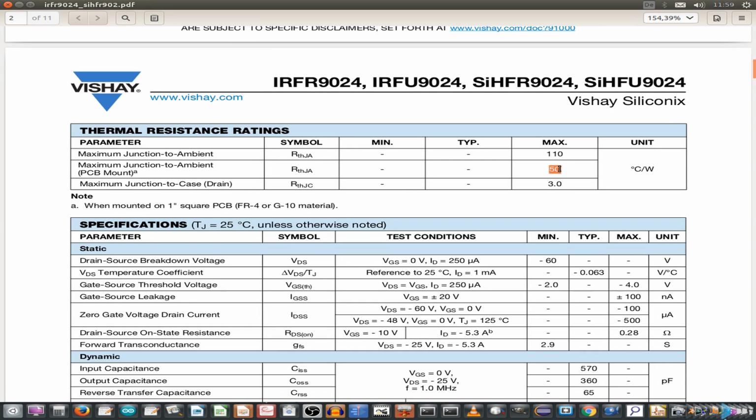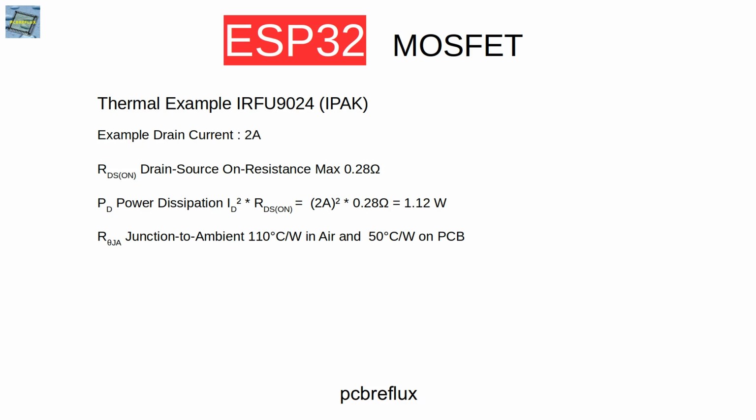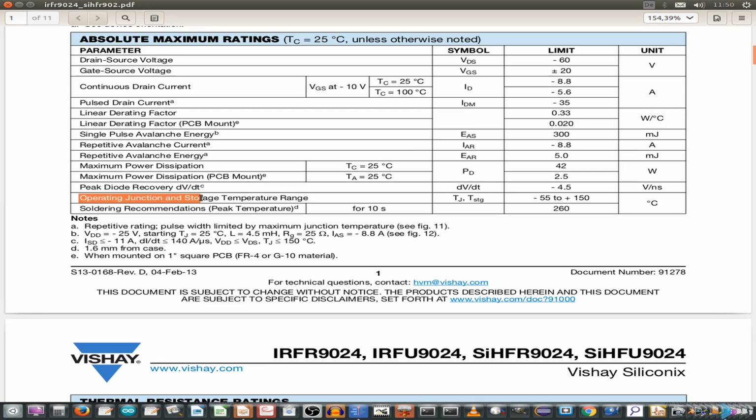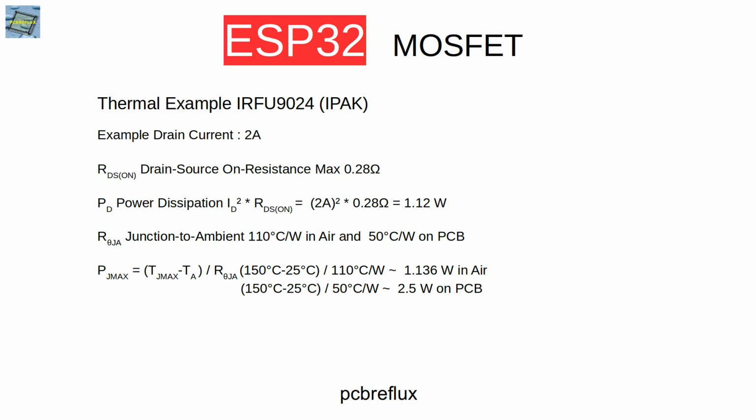So we can calculate the maximum power dissipation in air and on PCB mount, and this is calculated from the maximum junction temperature of about 150 degrees Celsius minus the ambient temperature of about 25 degrees Celsius, divided by R theta, our 110 degrees C per watt.